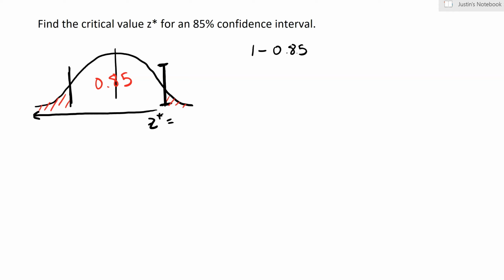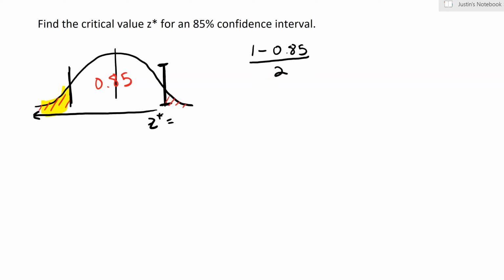And we get 15%, 0.15. However, I don't want both sides. We only want to know what's on this left side. And since the left and right side are the same, since it's symmetric, we can just cut this in half. So we will divide this by 2.